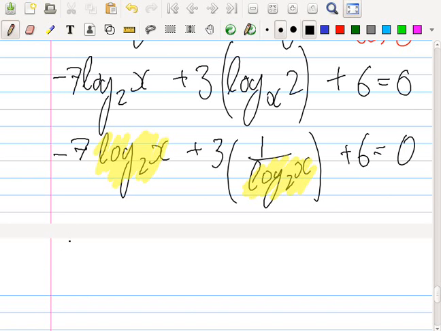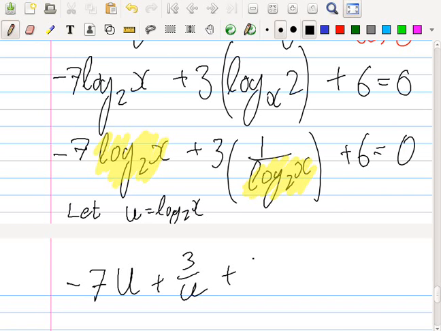To make it a little bit easier, I'll say let u equal log 2x. This will just make it a little easier to read. Minus 7u plus 3 over u plus 6 equals 0. Now when you write it like this, it doesn't look as bad because you've seen this type before.